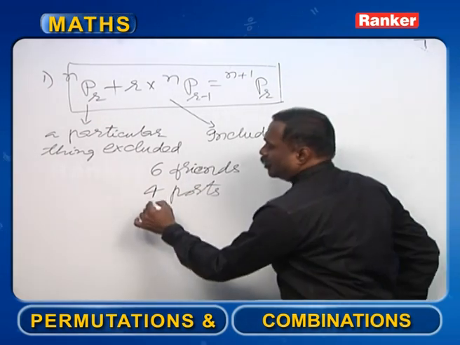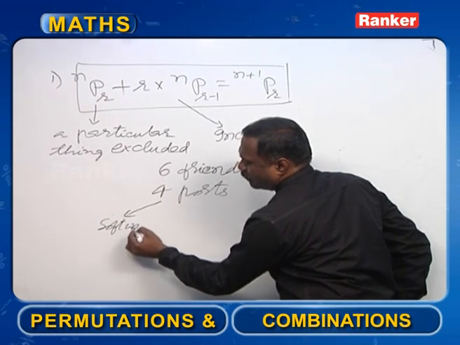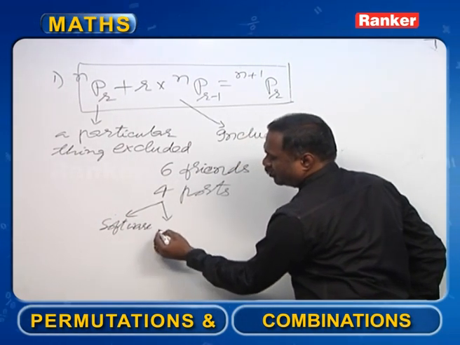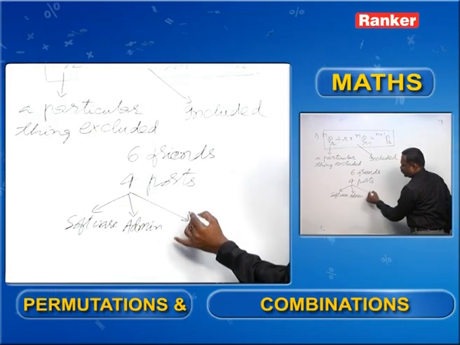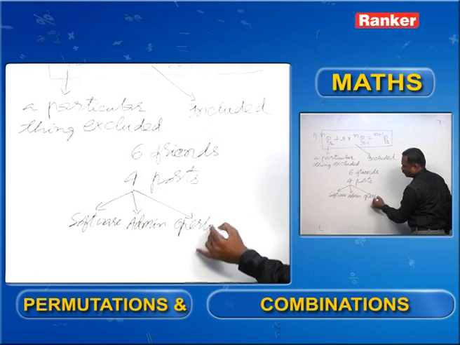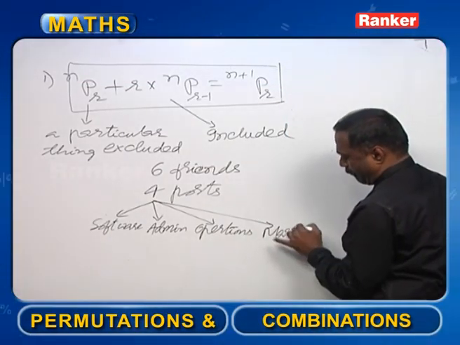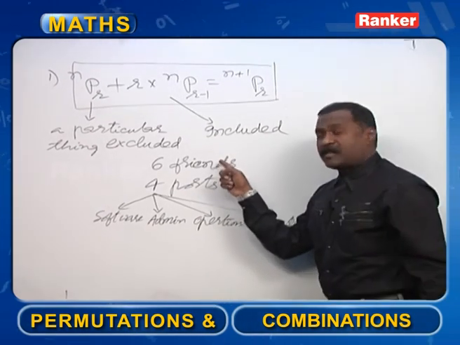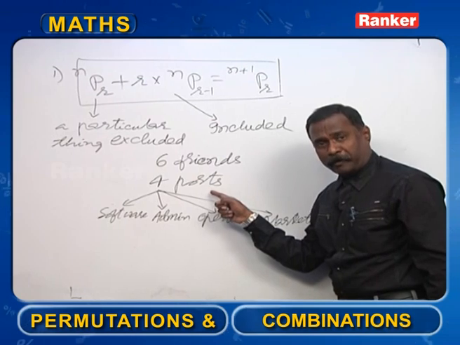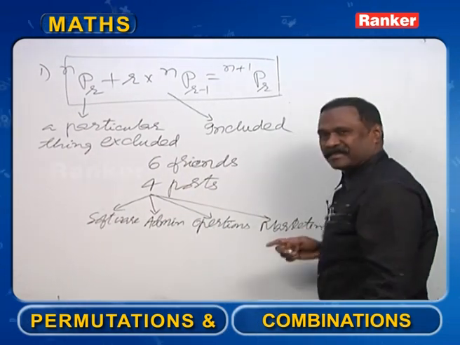These 4 posts are: one in software development, another in admin, another in operations, and another in marketing. Your 6 friends are attending the interview for these 4 posts, which are in different fields like this.